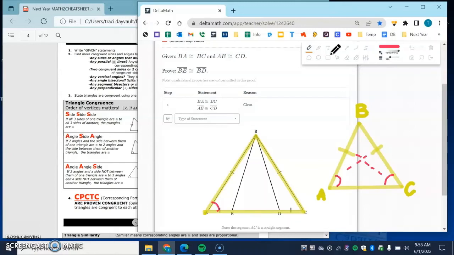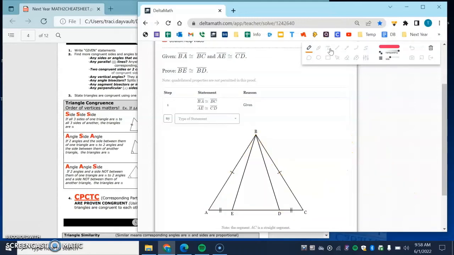Angle A and angle C are congruent angles because they are base angles of an isosceles triangle. Let's type that in. Angle A is congruent to angle C. There's only one angle involved at the point A, so I don't have to label that with 3 points.